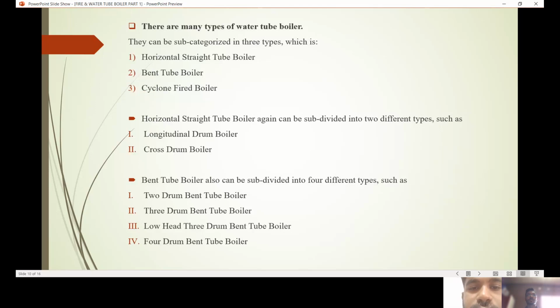Bent tube boiler can also be subdivided into four types: two drum bent tube boiler, three drum bent tube boiler, low head three drum bent tube boiler, and four drum bent tube boiler.